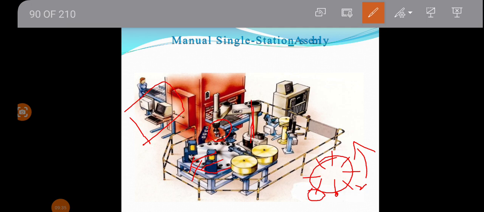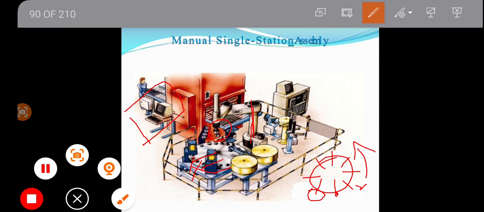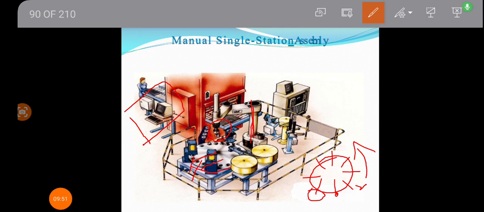Based on the space, we arrange some of the equipment positions in the industry. These are the concepts belonging to manual single stations.